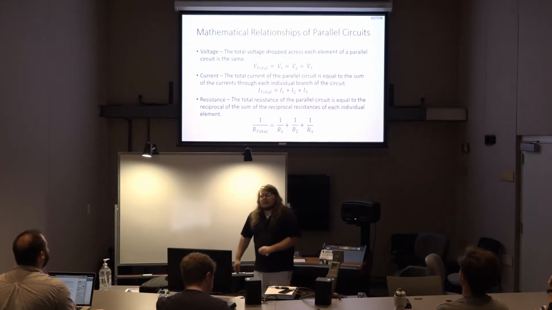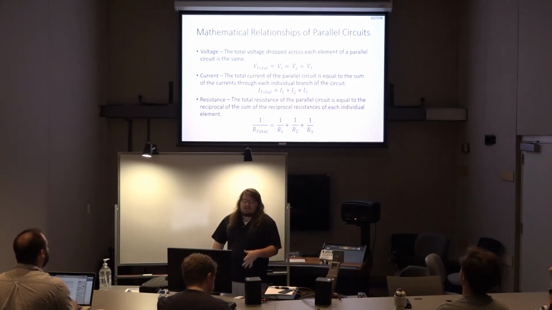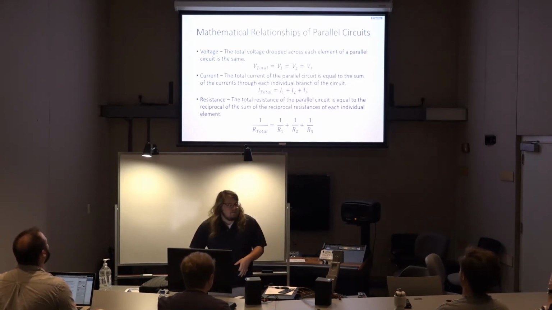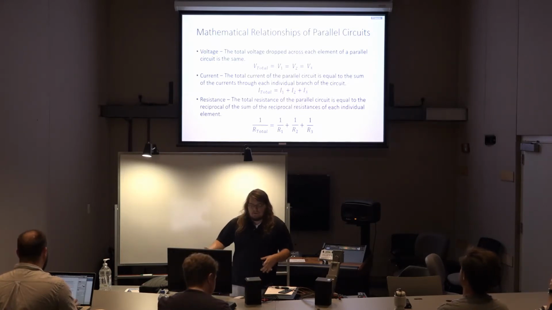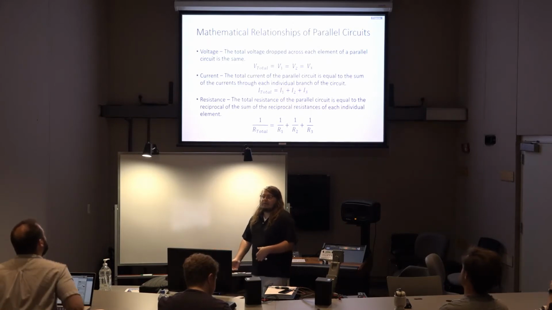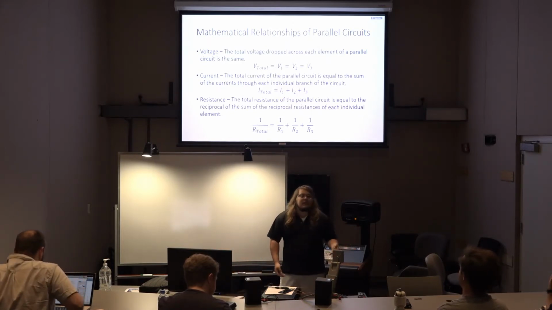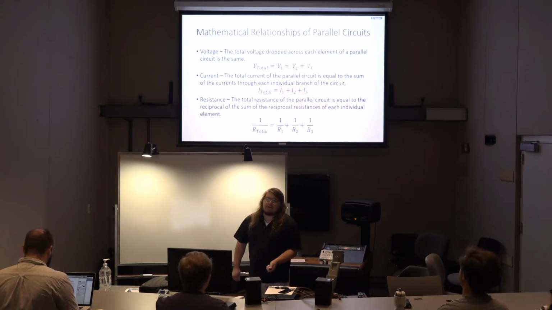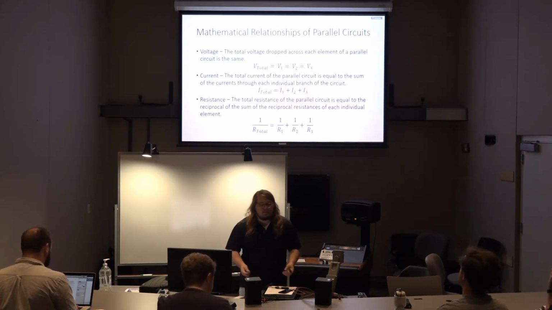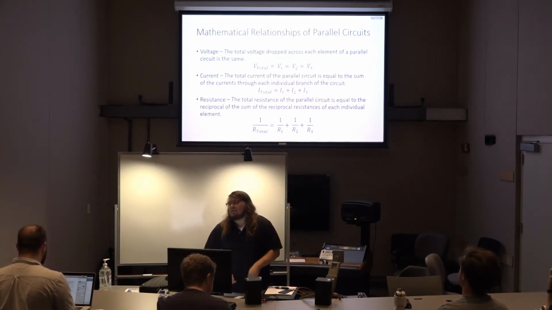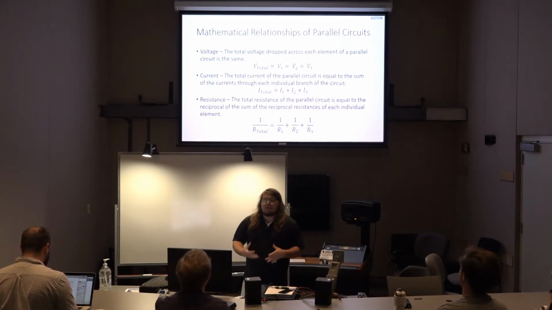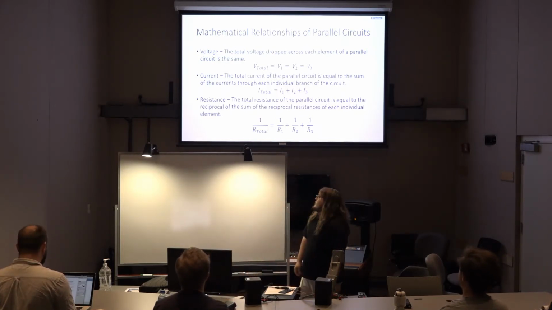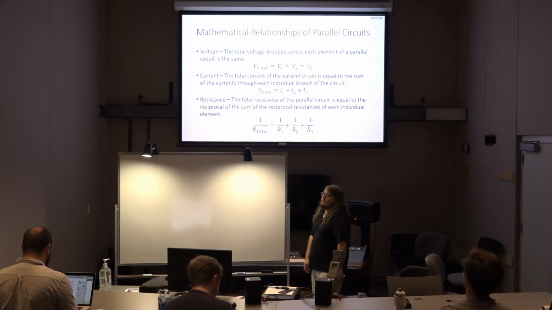Okay, so as you can see there, you take the reciprocal of each individual element, we sum those together, and then we compare that to the reciprocal of the total. You'll see how that works out when we actually do it. Once you work it out with a calculator, it makes a little bit more sense.